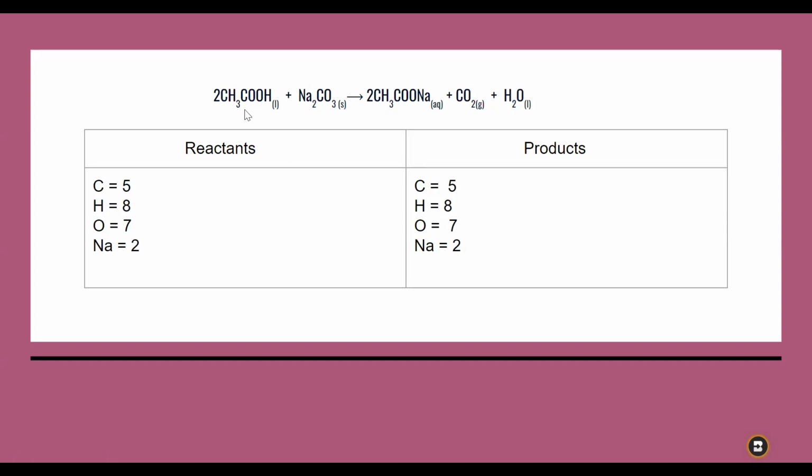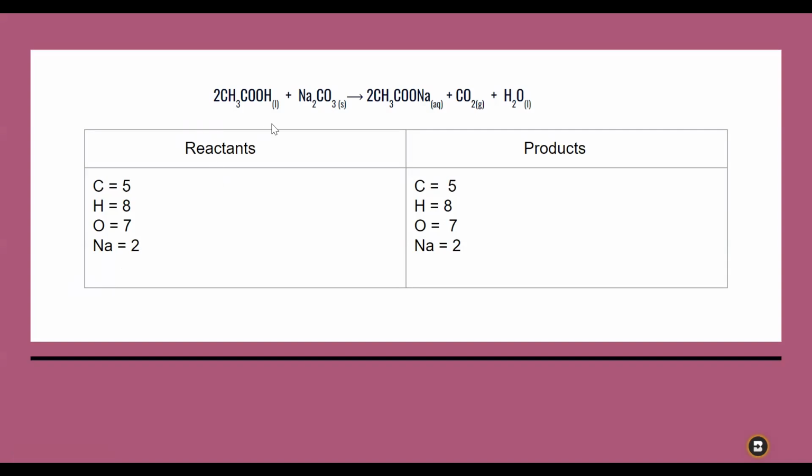Hydrogen, there's hydrogen here, there's hydrogen here. On the reactant side, there's hydrogen here, there's hydrogen here. Then you got this. Then oxygen, you have oxygen here, here, here, here, and here. So oxygen is 7 on each side.